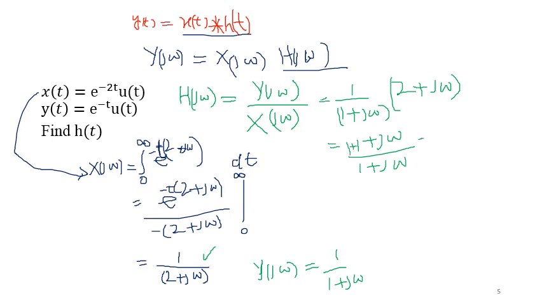Okay, so that means I can write 1 over 1 plus j omega, plus 1 plus j omega divided by 1 plus j omega.